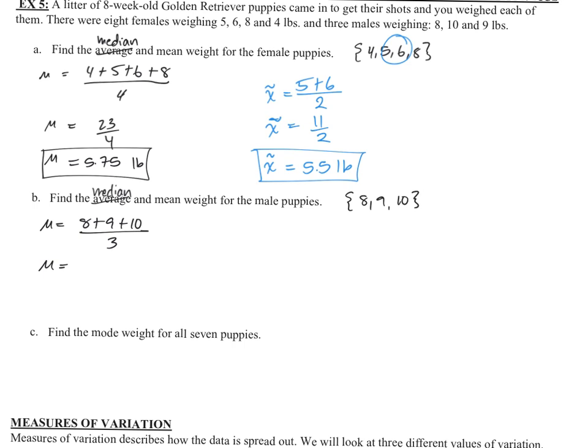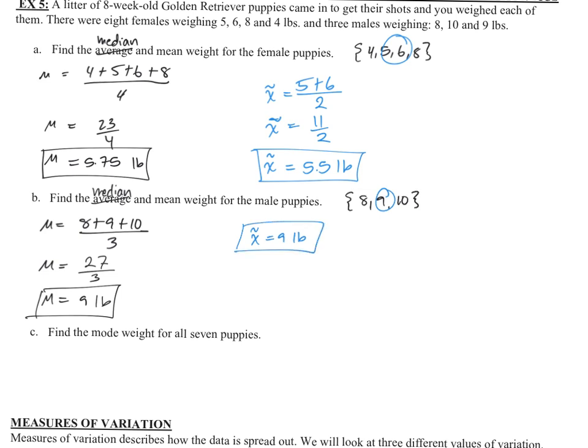That's 27, and 27 divided by 3 is 9. So the mean weight is 9 pounds. Now let's find the median. Look, we actually have a middle number, 9. So x tilde is 9 pounds.